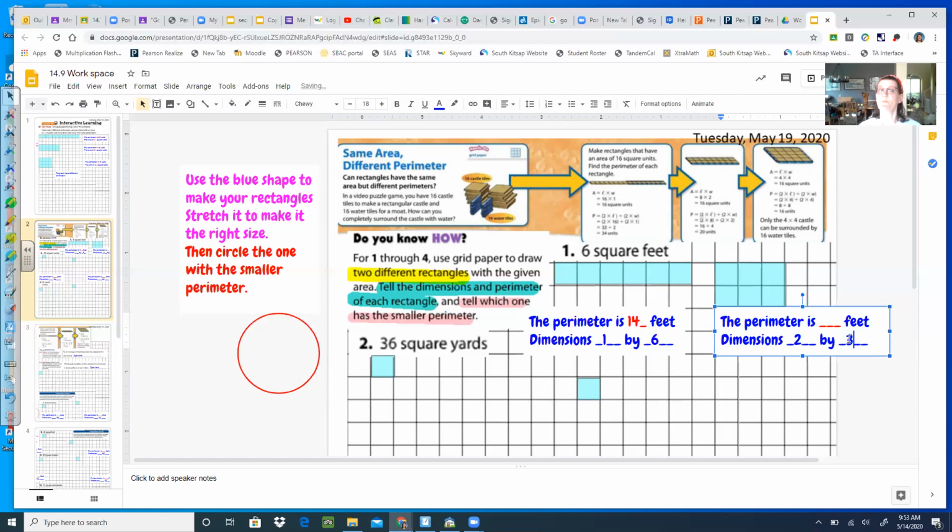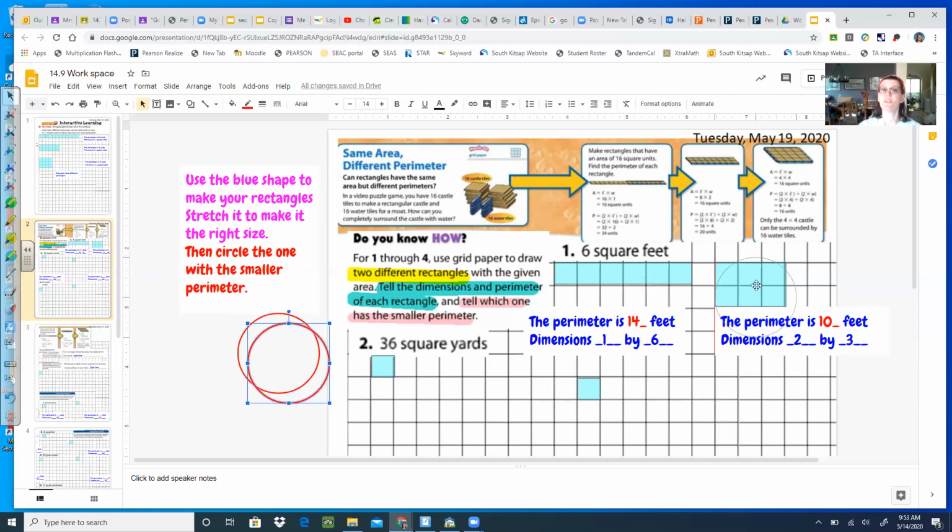Now its perimeter, I have 2 plus 3 is 5. 5 plus 5 is 10. There we go. Now I need to grab that circle, and remember, I am circling the one with the smaller perimeter. So Control C, Control V, circling the one with the smaller perimeter. 10 is less.